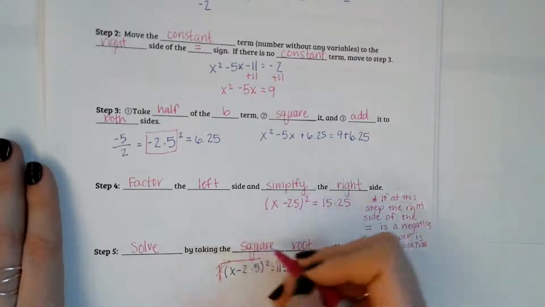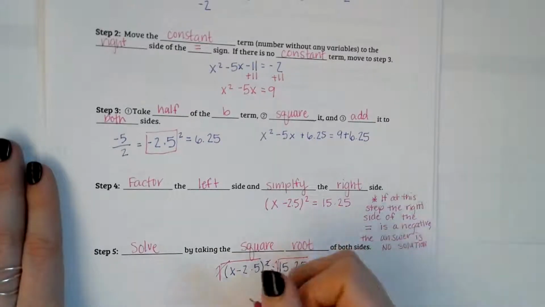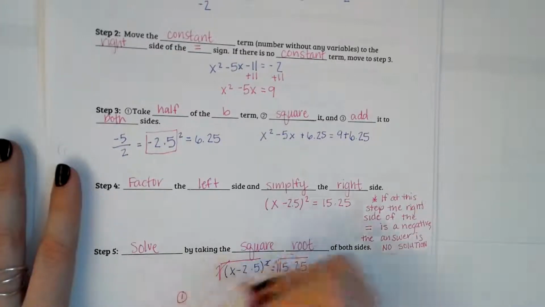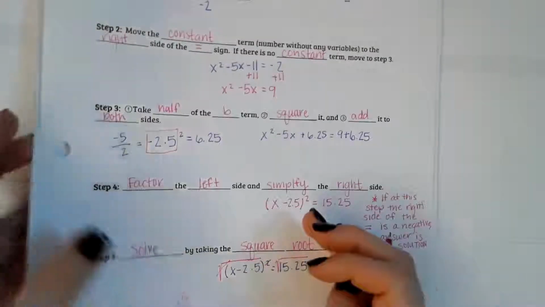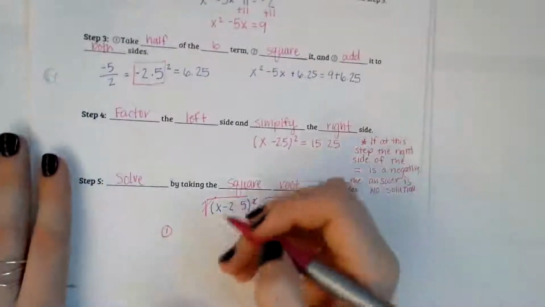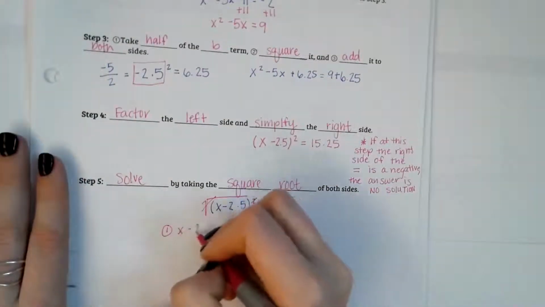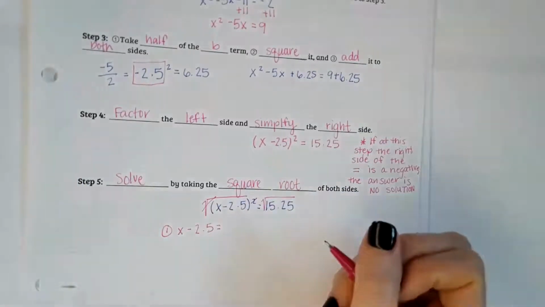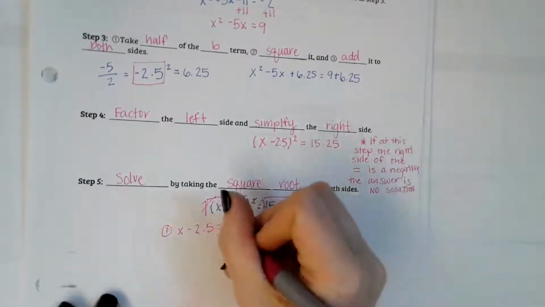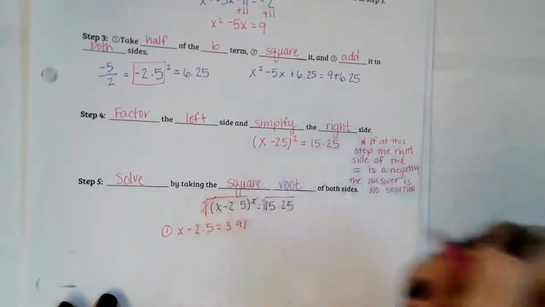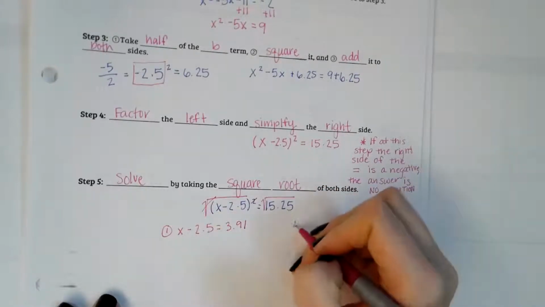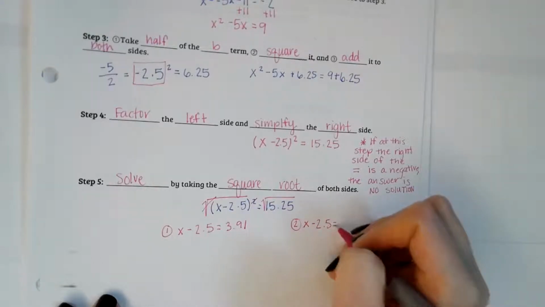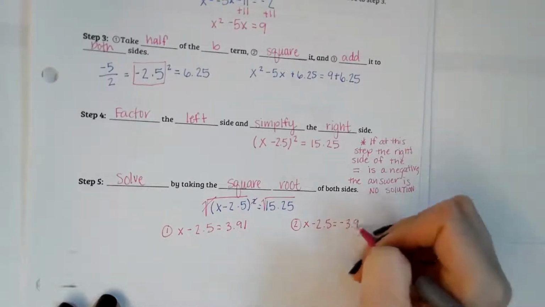When we square root, the square root and the squared cancels out. So you're going to have your two possibilities. x minus 2.5 equals, so the square root of 15.25 is 3.91. And then you're also going to have your negative 3.91.